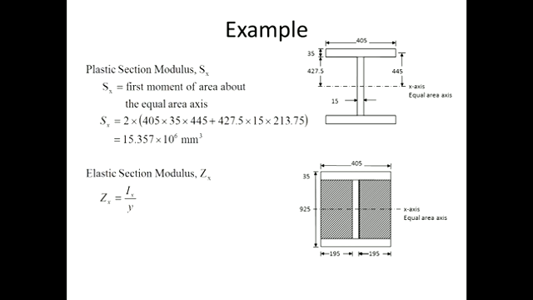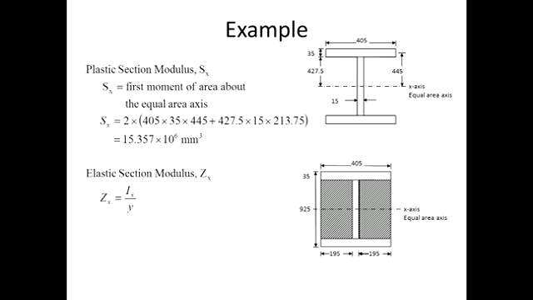So that is what we have done here. We have the flange, which is 405 by 35, and then the distance from the centroid of the flange to the equal area axis. This is the first moment of area if we are looking at this element, and we can also look at that element.